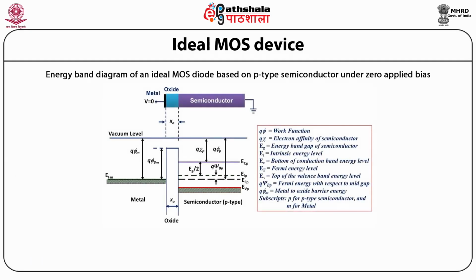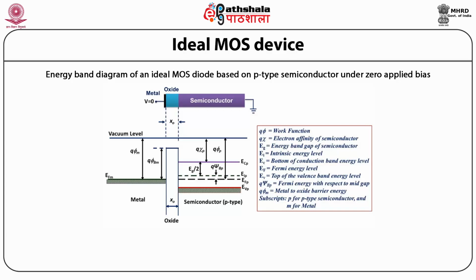So students, we have already studied the conditions for the ideal MOS device. This is the energy band diagram of an ideal MOS diode under zero applied bias, where we have taken the semiconductor as a p-type semiconductor.